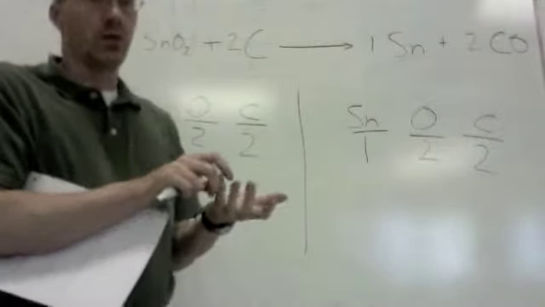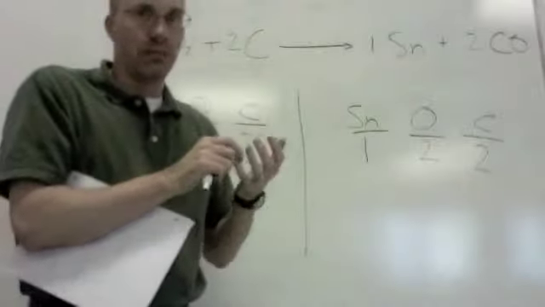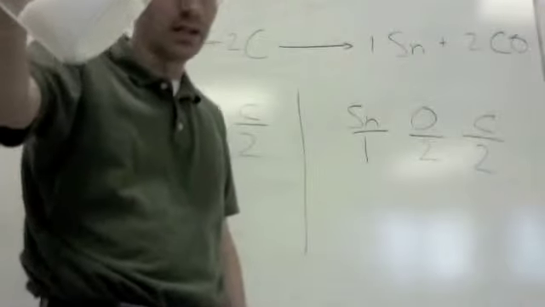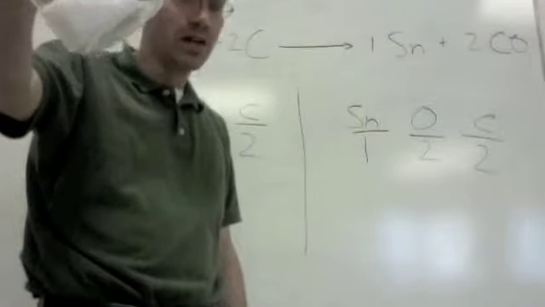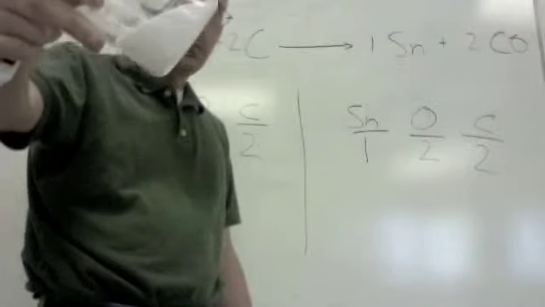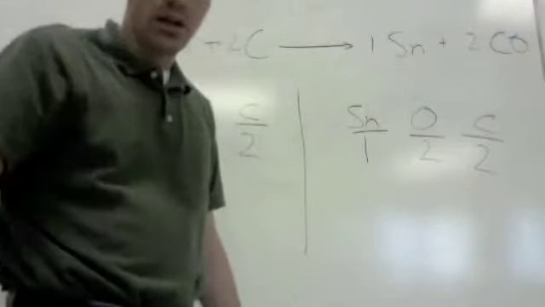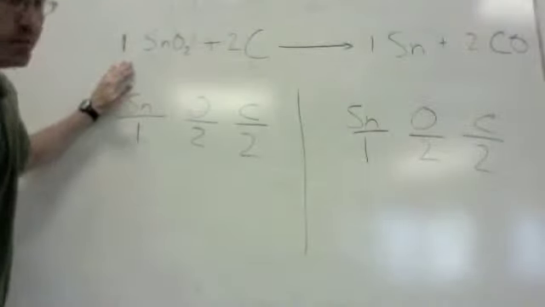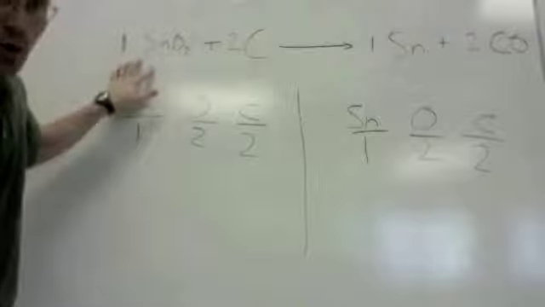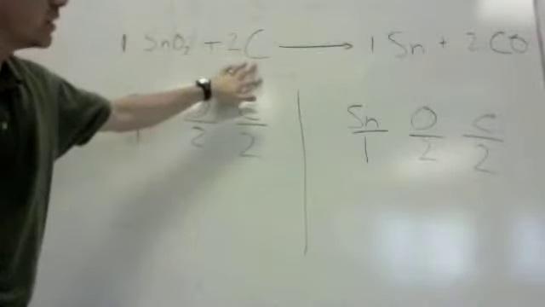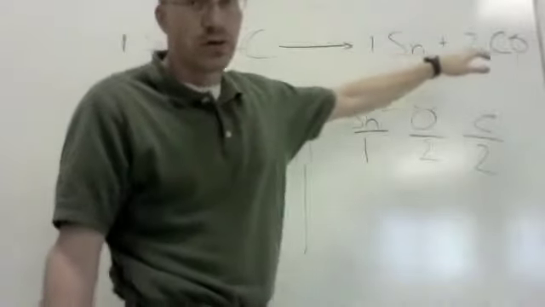Whenever we're dealing with chemicals, we're dealing with billions and billions of molecules or atoms. For instance, this is a little table salt, NaCl. You've got literally trillions of little atoms in there. So what this means is it establishes a ratio. For every one of these, it requires 2 carbons, and you will make 1 of those and 2 of those.